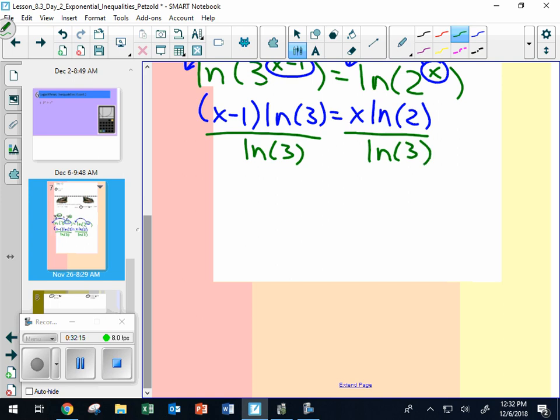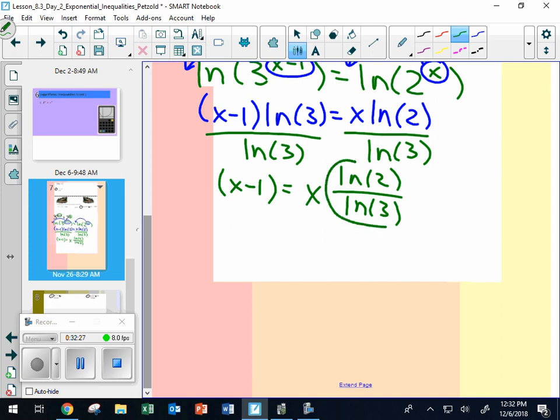If I get rid of the natural log of 3, I'll have x minus 1 is equal to x times the natural log of 2 over the natural log of 3. And if I just look at this, that's going to be a number, right? So this is a number.